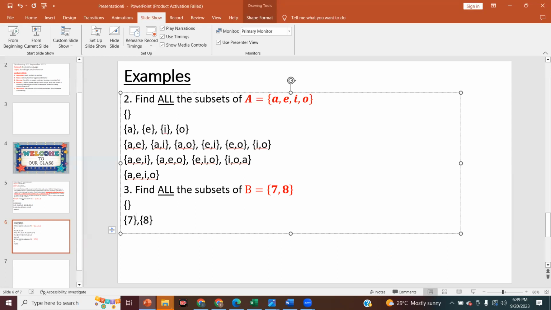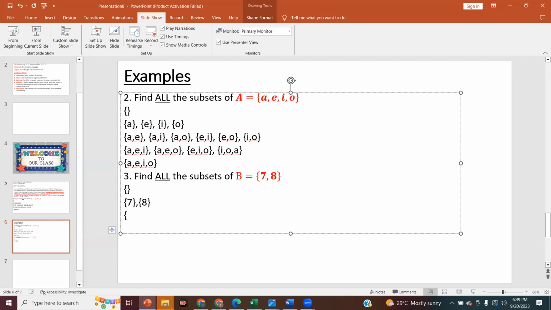And then after that, it's 7, 8. Okay. Does that make sense? So for this one, how many subsets do we have? 1, 2, 3, 4. So the number of subsets is 4.